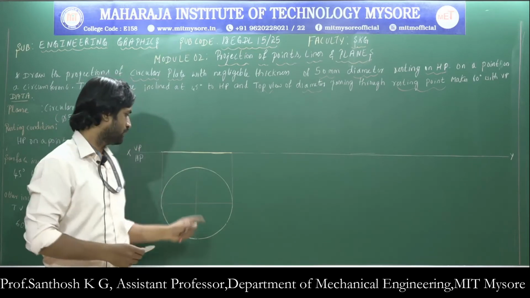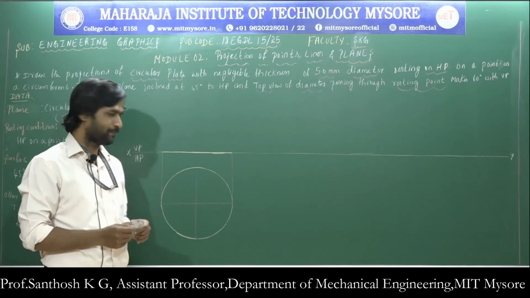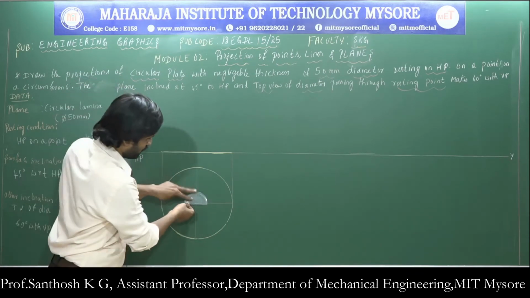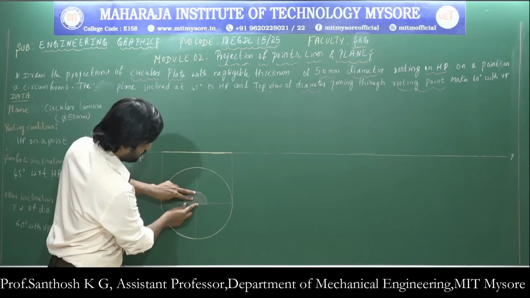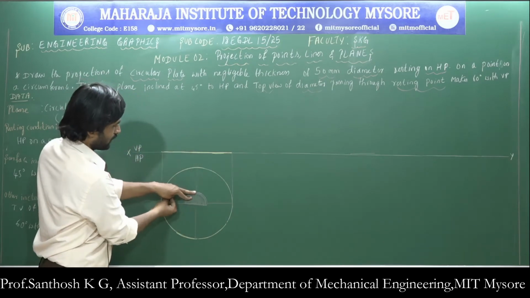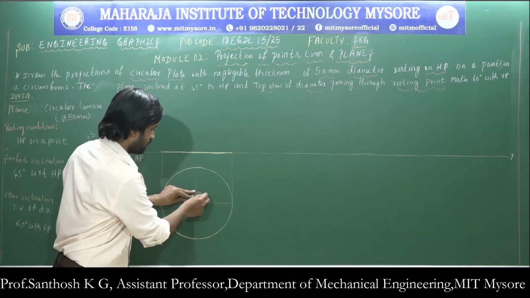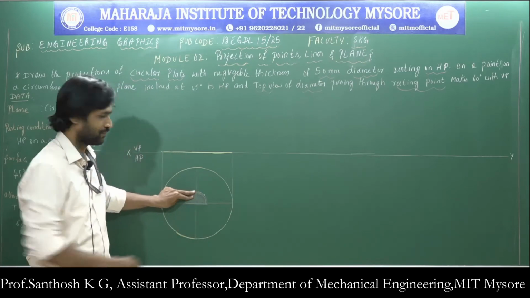In order to divide this circle into 8 parts, I will take this horizontal line as a reference, and I am going to place the protractor at the center. By placing the protractor at the center, I am going to mark a point at an angle of 45 degrees.